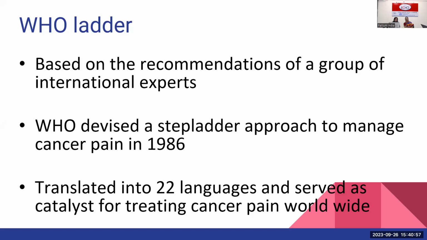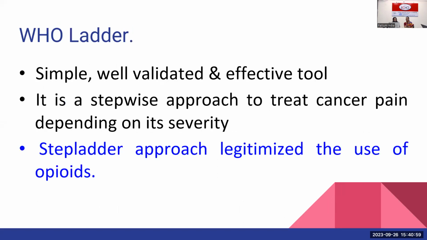Next slide. The main thing is to have uniformity. The most important factors are that it is simple, validated, and effective. What do all of us want to achieve? We want an effective tool that is simple, easy and validated.